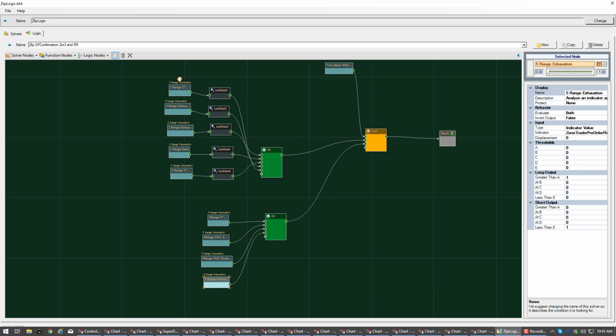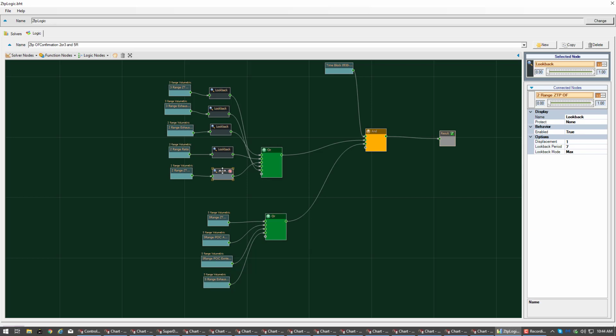And in the short-term past, we had a 3-range ZTP exhaustion or a 2-range exhaustion ratio or ZTP. I needed to do a look back here because these bars are not going to occur at the same time. The 2-range and the 3-range bars are going to occur in the shorter term history, and the 5-range is going to be what is occurring here and now.